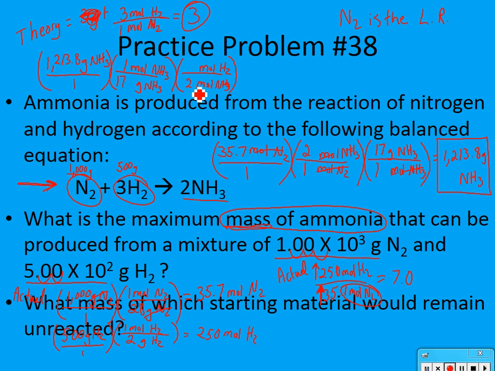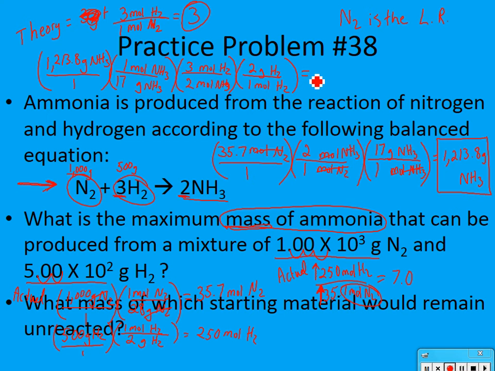We have 2 moles of ammonia right here. How many moles of H2? We have 3. Now we're at moles of H2, but I want to go to mass. So in 1 mole of H2, what's its molar mass? 2 grams. And that will tell us how much we actually used.